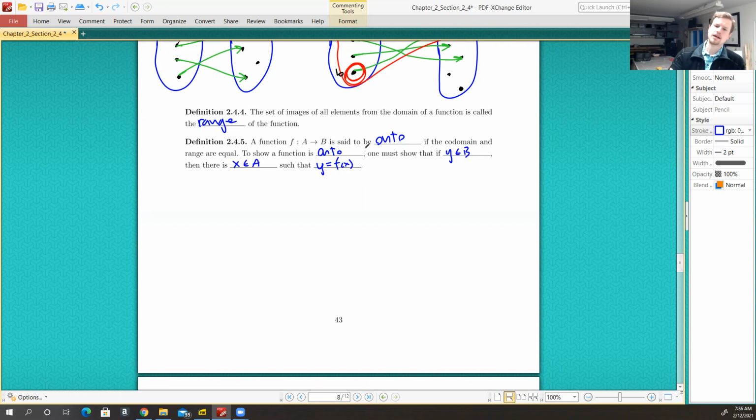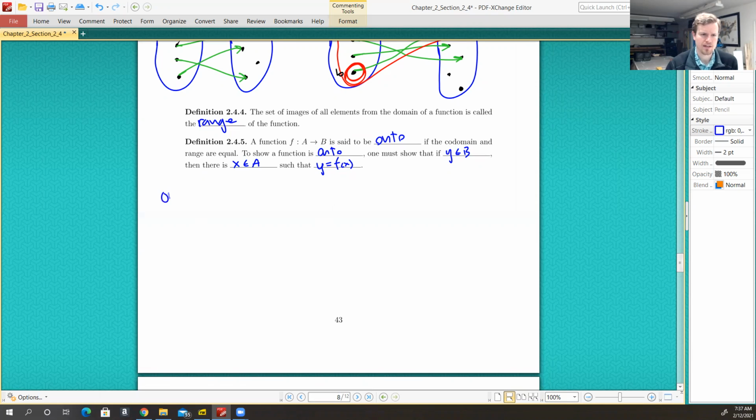If it's onto, then the codomain and range are equal. So we take a generic element from the codomain, and we show that there is something in the domain that has this as its image.